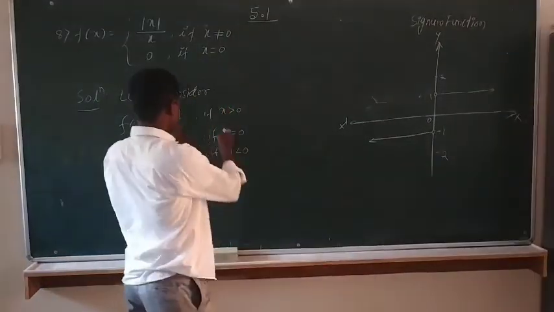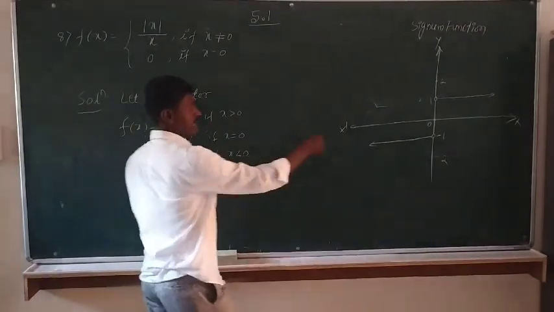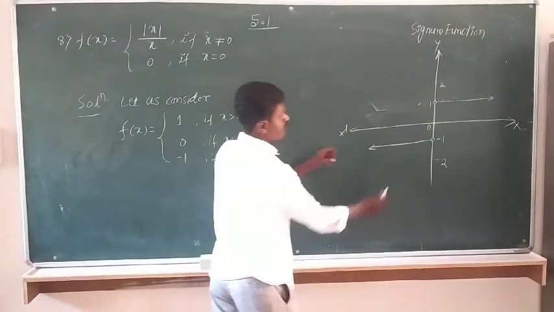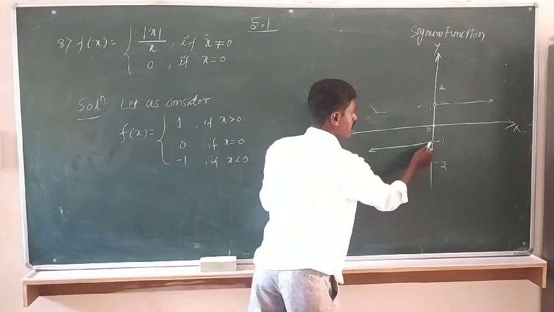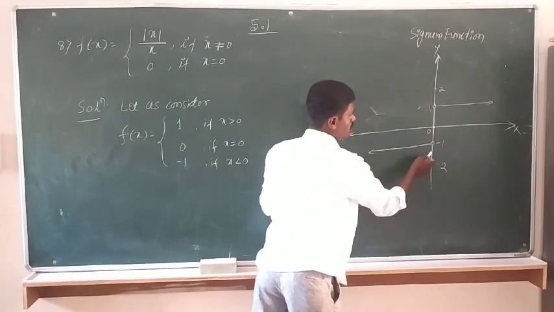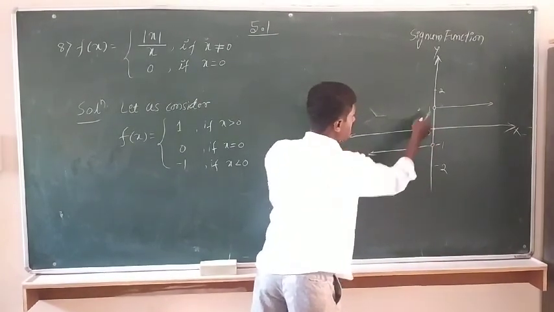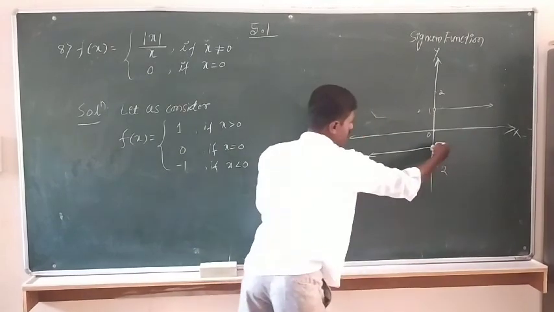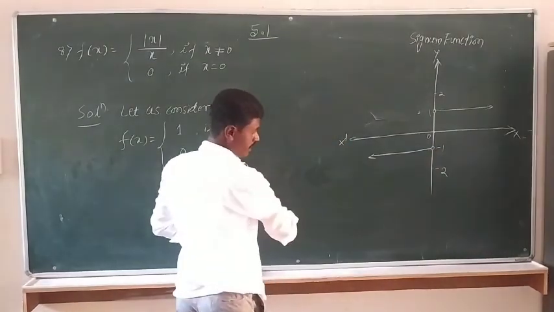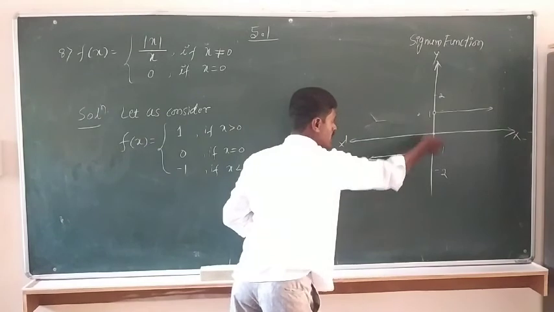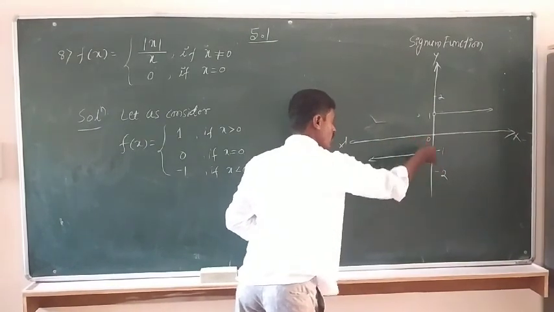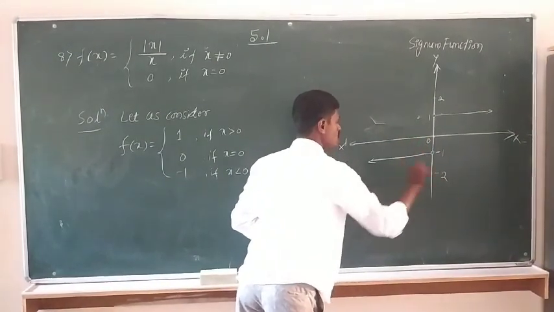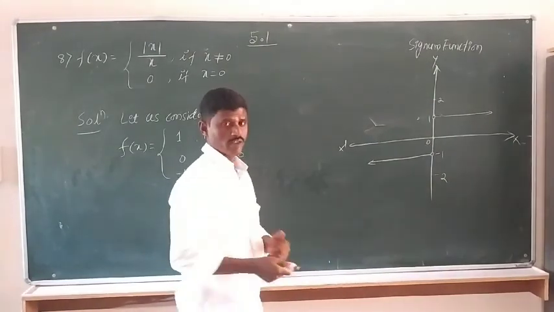So this is the signum function and this is the graph of the signum function. Can you draw the graph on one sheet? No, because the function travels in one direction here, in another direction there, and there is a huge gap, so we can't draw this graph in one sweep.